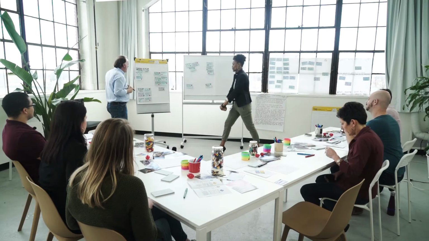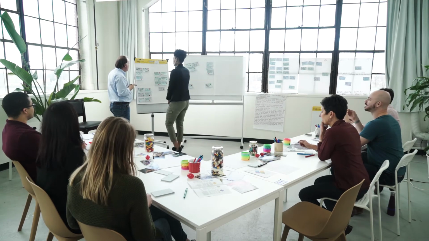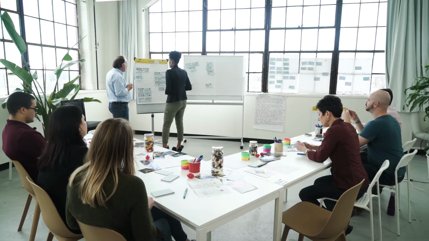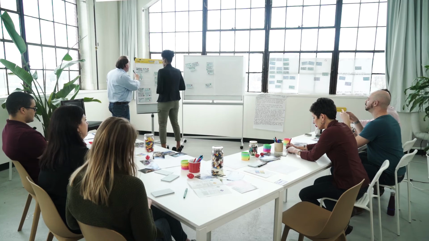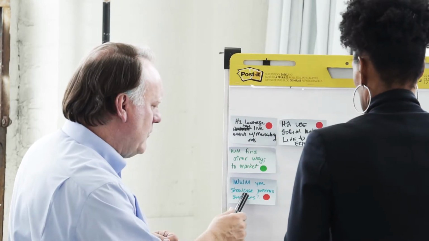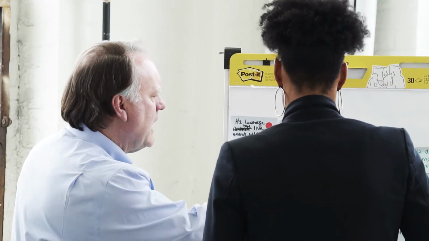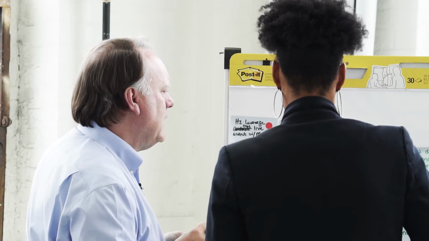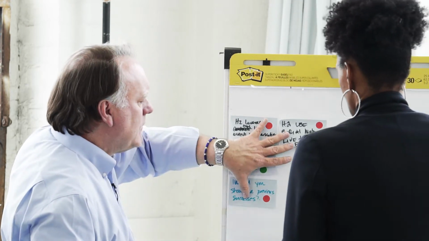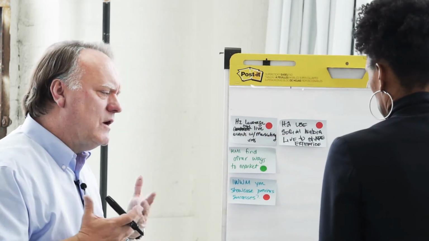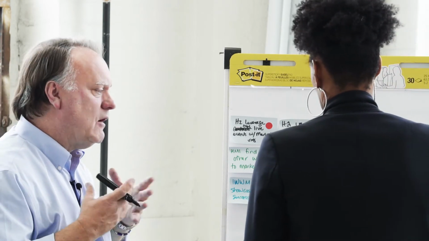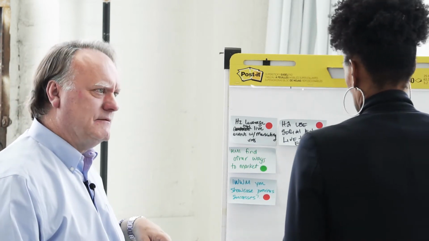So what we're going to do now is label these clusters. Tamara, what does this cluster represent to you? We're going to phrase it with a how to, how might, or in what ways might. So: how to leverage live events, how to find other ways to market, in what ways might you showcase previous successes, how might we use media live to share experience. What does this represent to you in terms of a creative question or problem statement, beginning with the words how to, how might, or in what ways might?